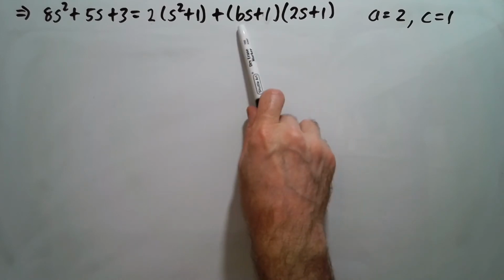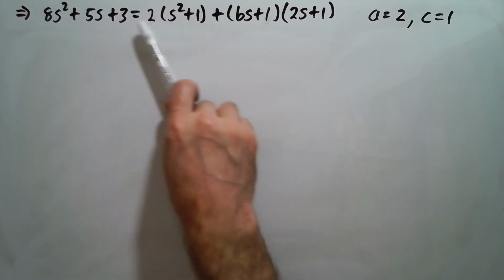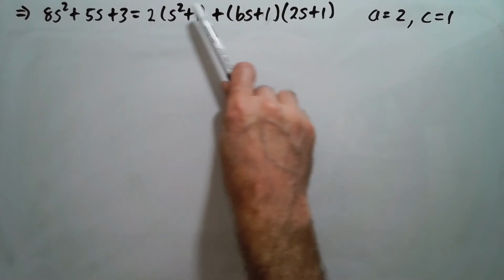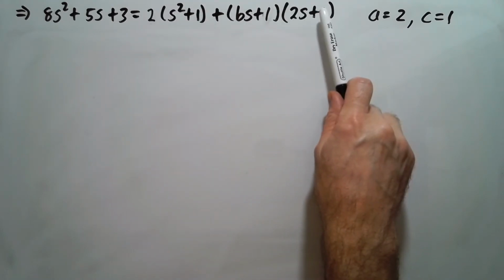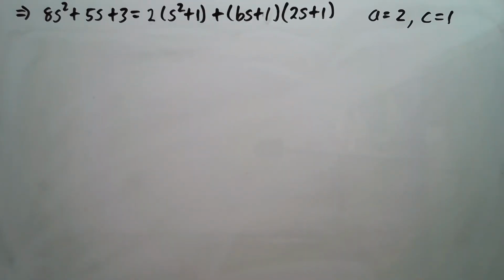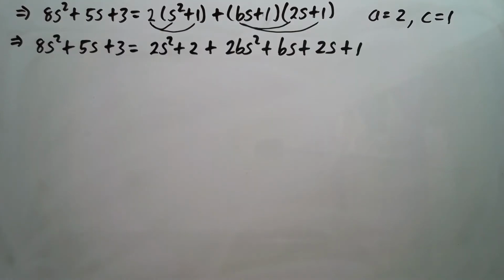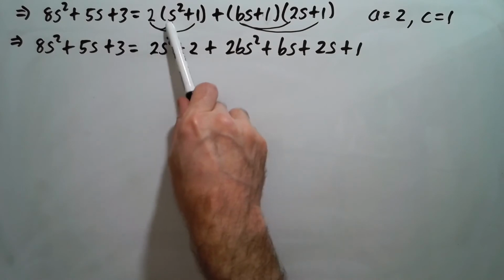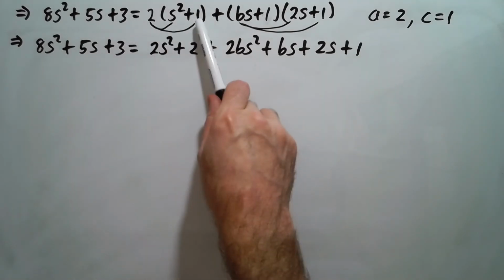There are different ways you could find B. I think the easiest way is just to equate coefficients. Let's multiply stuff out over here. It'd be 2 times s², 2s², plus 2 times 1, 2.